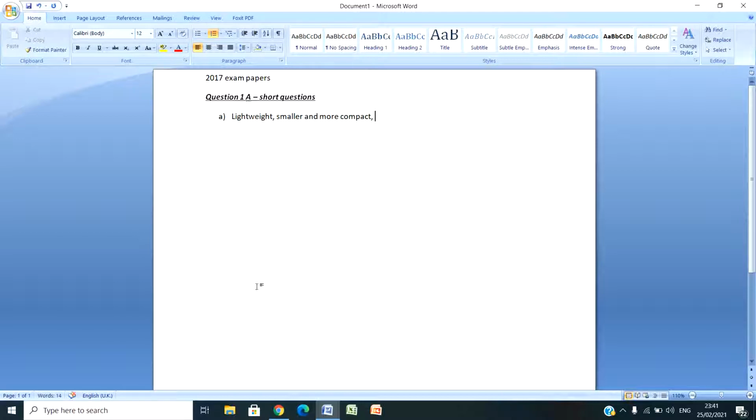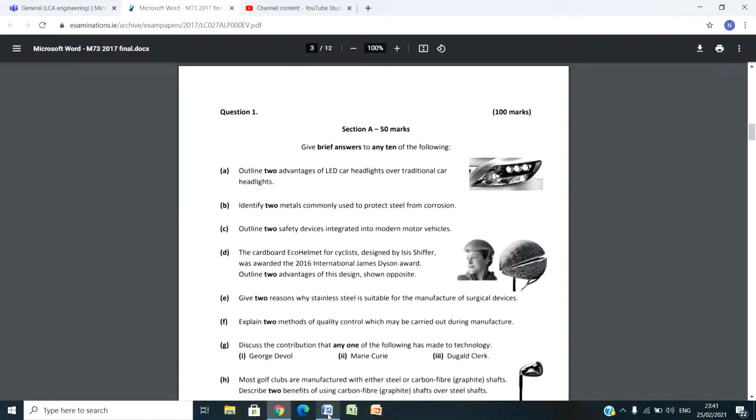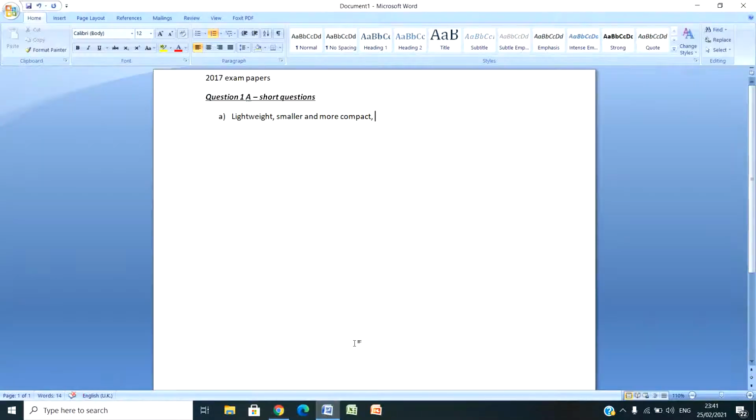If you've tested or researched LEDs, you will find there's quite a bit more light from the LEDs than from the filament bulbs, so more light dissipated from the LEDs, and that's light emitting diode in case anyone doesn't know.